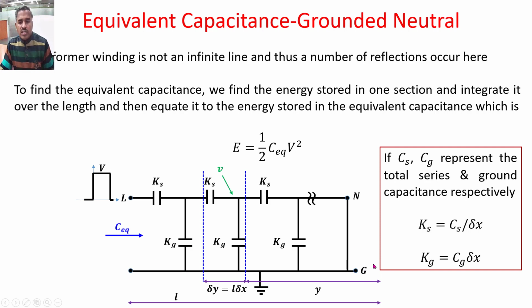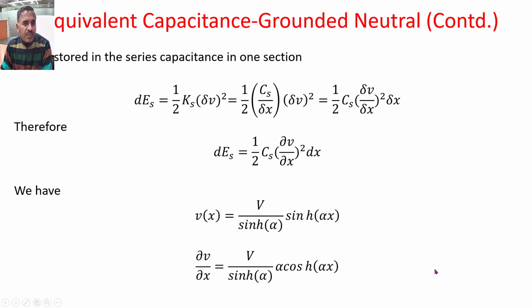It means x is per unit distance, and delta x is per unit distance. y is the actual distance from here to here. If x is per unit distance, its maximum value is 1 only and its minimum value is 0 here. So this is how the capacitances have the relationship. This we have seen in our previous class.